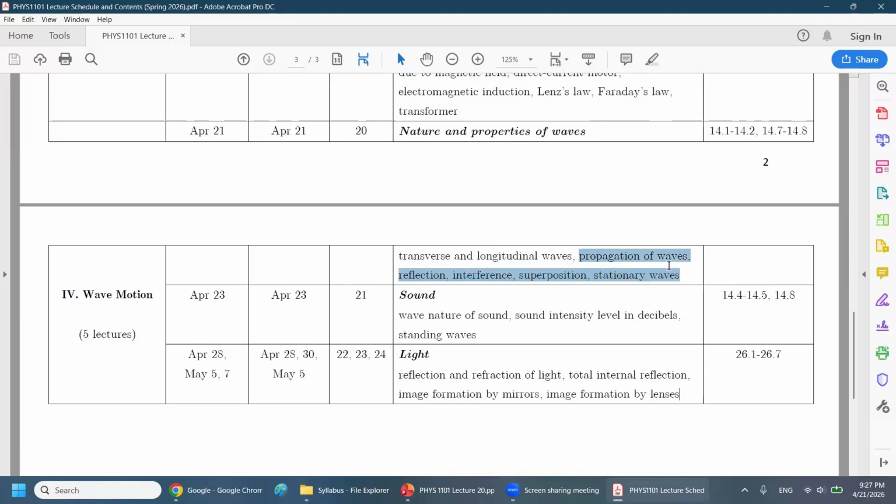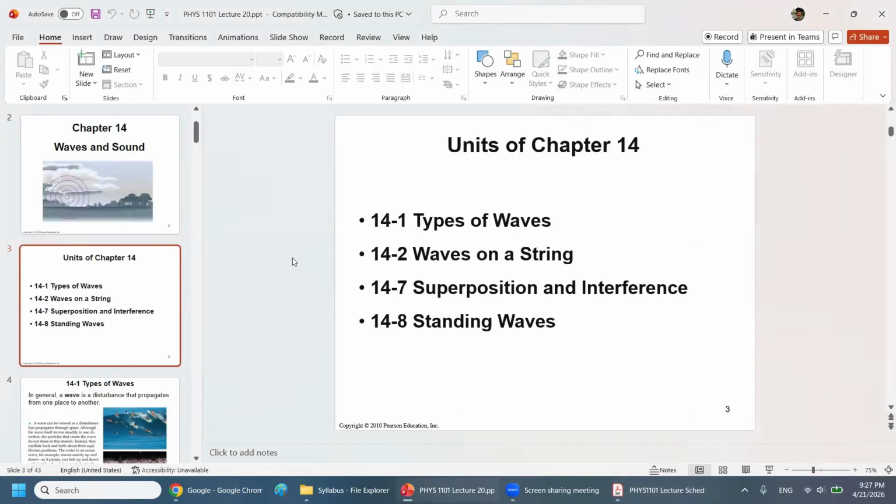We're going to talk about the quantitative description of propagation, and then specific phenomena like interference and stationary waves. In the next lecture, we're going to specifically talk about sound waves. And then in the last three lectures, we're going to focus on light waves and geometrical optics. So today is basically an introduction.